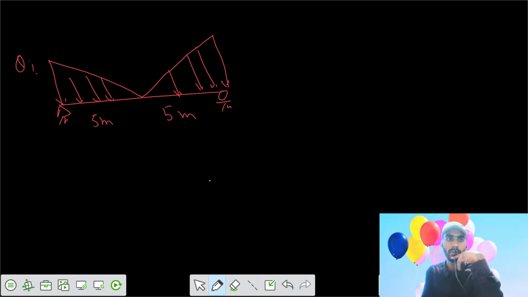At the supports we have 5 kilonewton per meter. W equals 5 kilonewton per meter. Here also 5 kilonewton per meter. We need to get the shear force diagram and bending moment diagram.